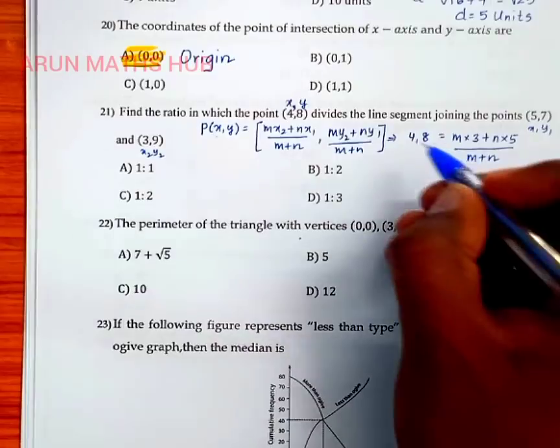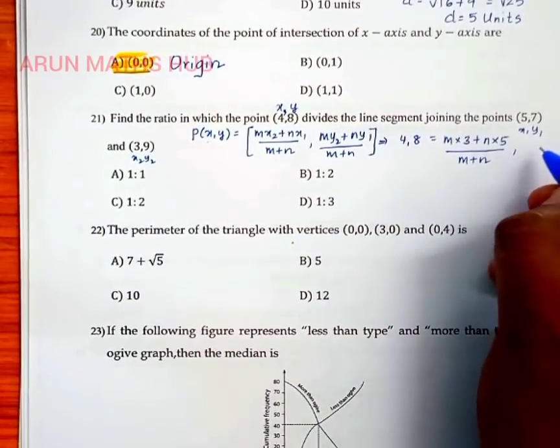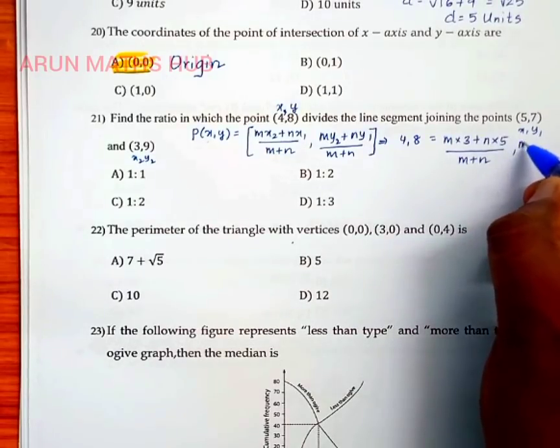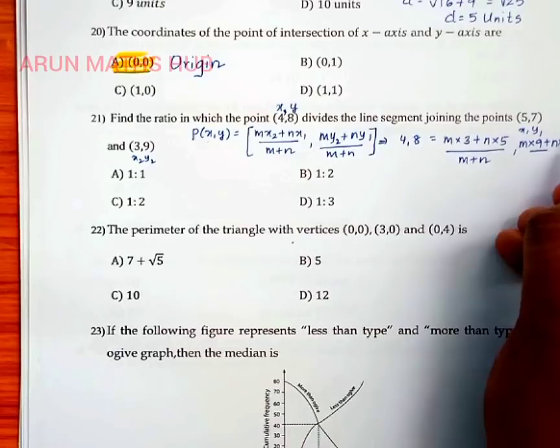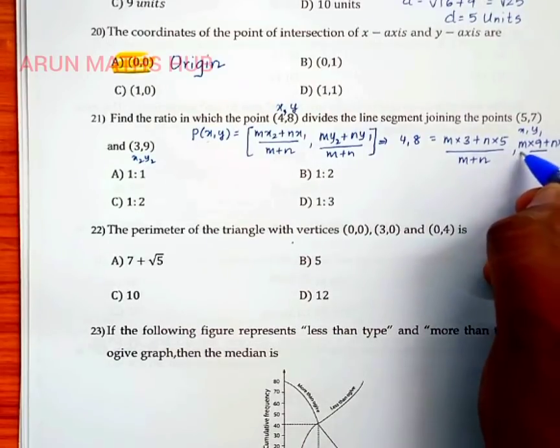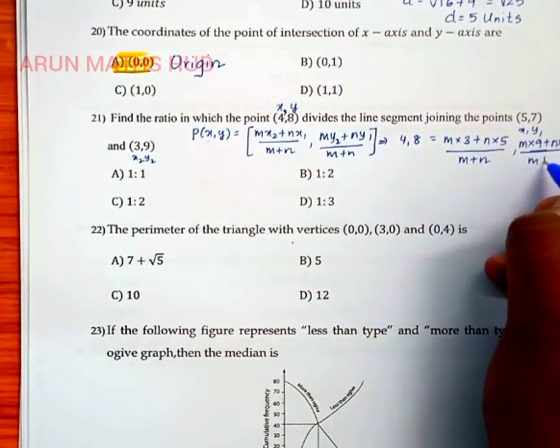The same way, my2, that is m times y2 which is 9, plus ny1, that is n times 7, divided by m plus n.